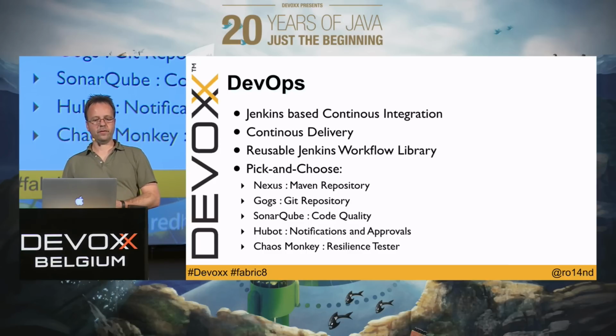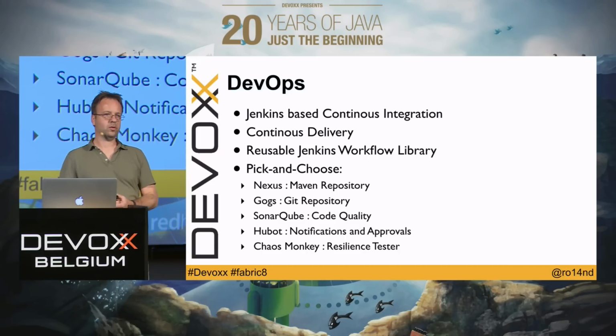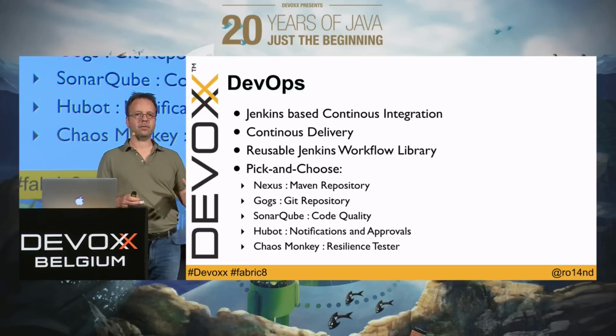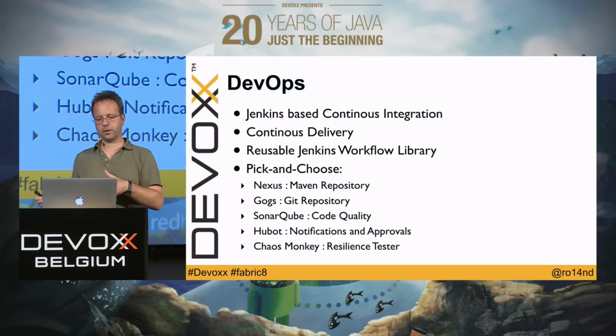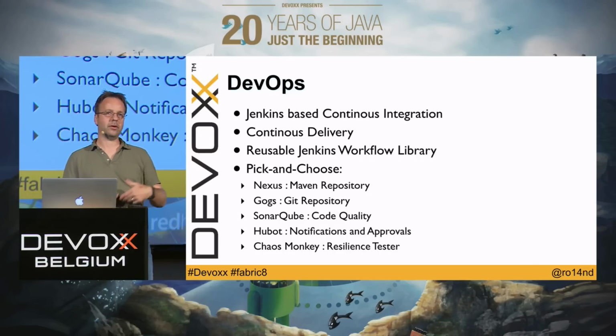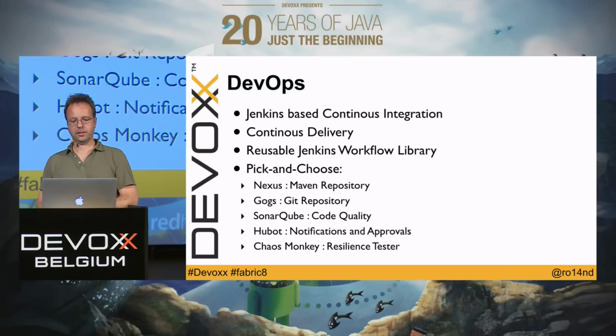There's Nexus as a Maven repository which you connect to this DevOps. You can use SonarQube for measuring code quality. Interesting too, you have a chat integration with Hubot, so you can set up your chat rooms for getting not only build notifications, but also, for example, for doing manual or human approval of certain test stages.